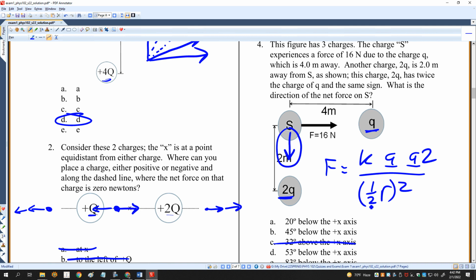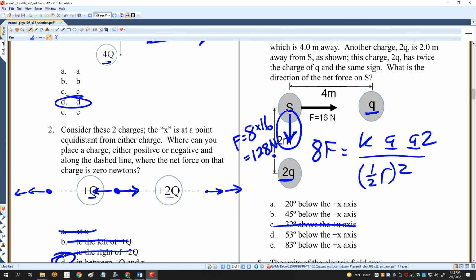Okay, so since I have twice the charge and half the distance, that's a 2 over a quarter, that's 8 times the force. So here, my force is equal to 8 times 16. That's what, 80 plus 48, 128 newtons. So that means, well, I can probably almost guess that the answer is E. It definitely can't be these two.